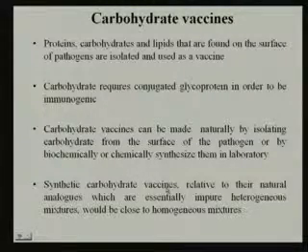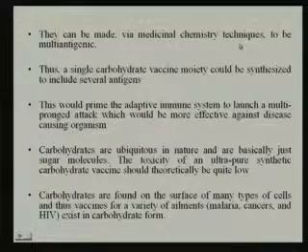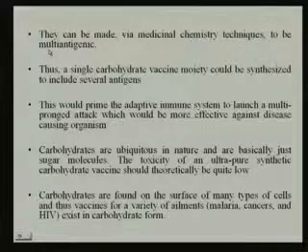Synthetic carbohydrate vaccines, relative to their natural analogs, which are essentially impure heterogeneous mixtures, would be close to homogeneous mixtures. They can be made via medicinal chemistry techniques or be multi-antigenic.